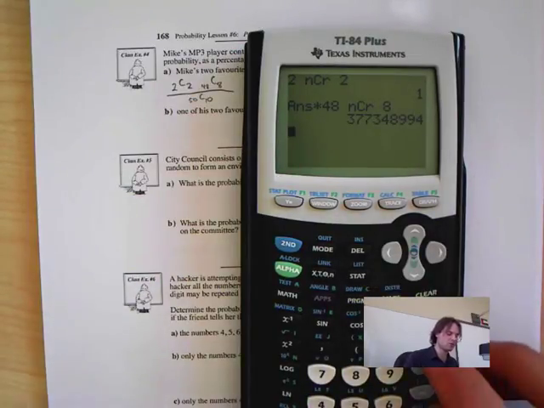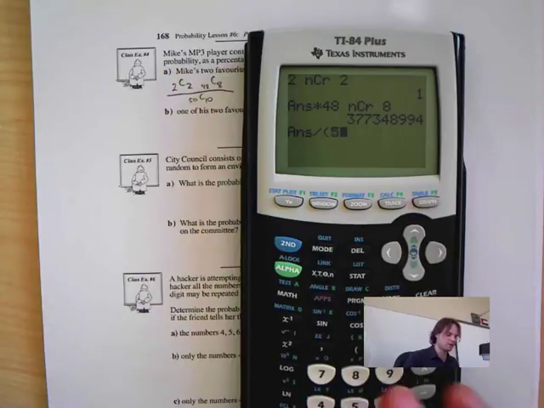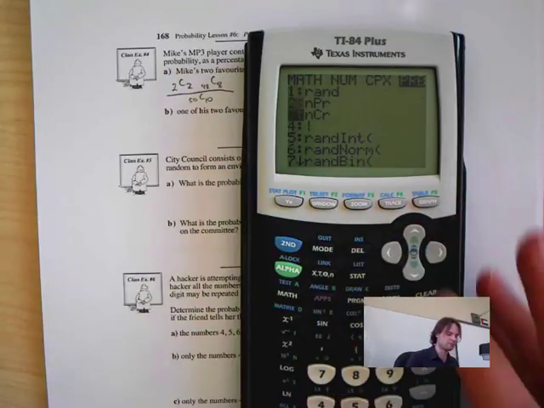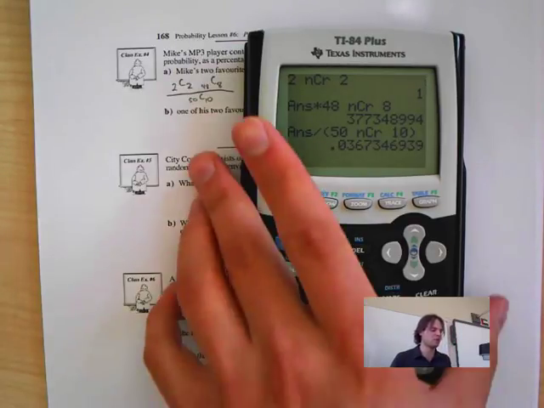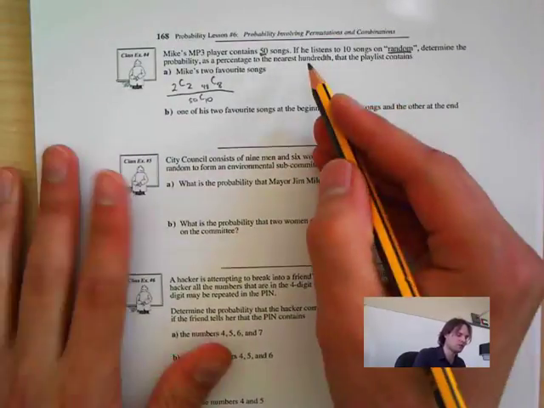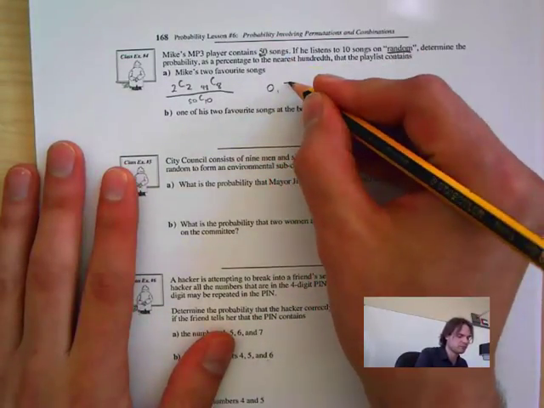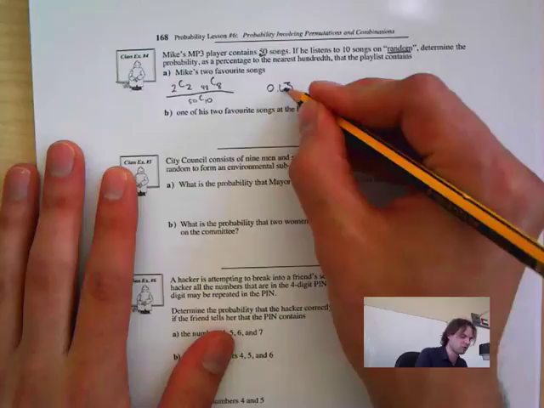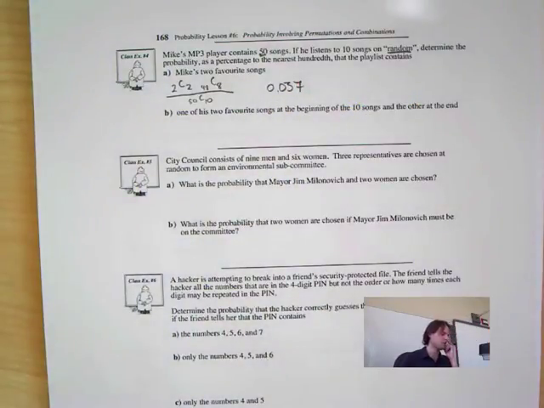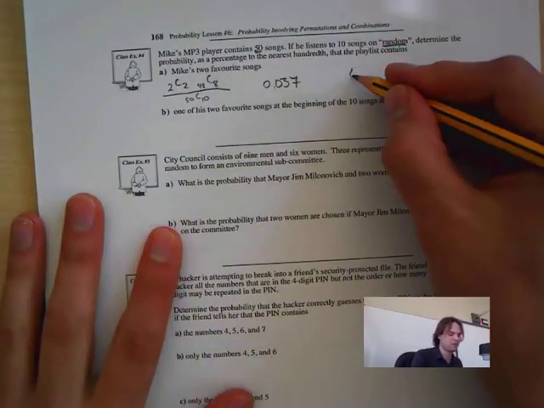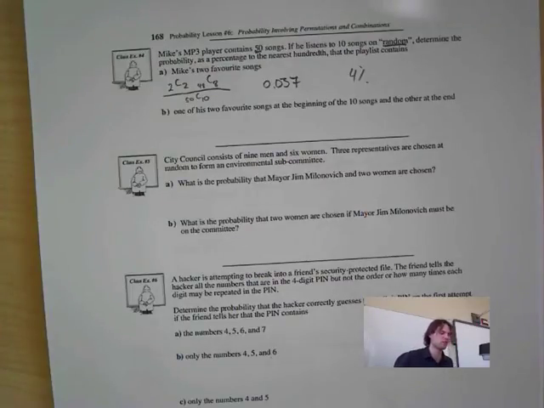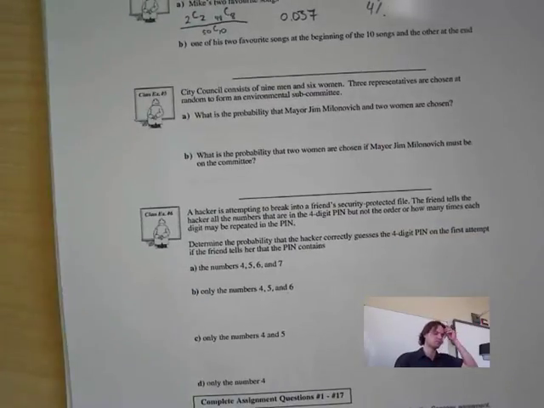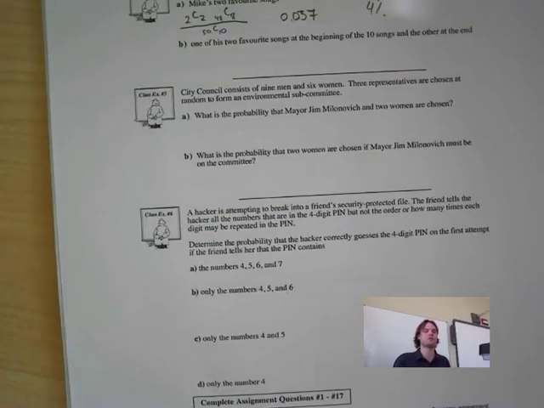So that's that, and we're going to divide that all by 50 choose 10. Which gives me 0.037. So nearest hundredth, 0.04. So you might say, 4% chance. So he has a 4% chance of that happening, that both of his 2 favorite songs are on there.